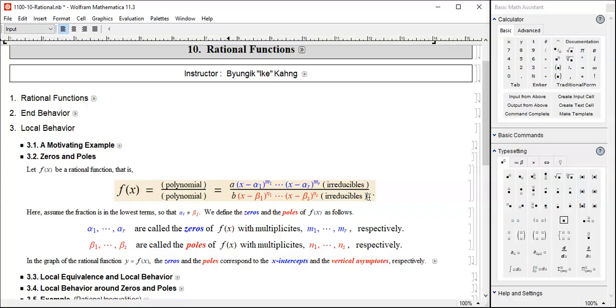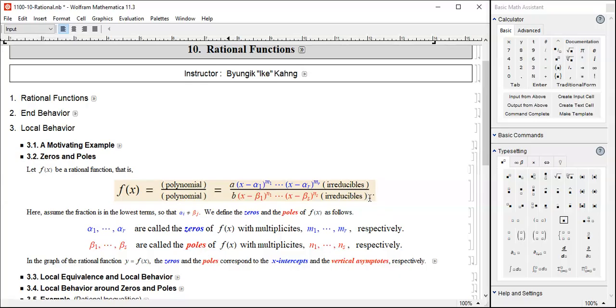In order to cure all those, I'm introducing a new term, pole. Pole is similar concept for denominators like this. After factorization and simplification, in the lowest terms, you can get zeros alpha 1 through alpha r with multiplicities m1 through mr. That's something we already know.